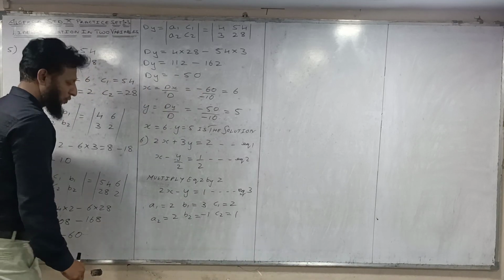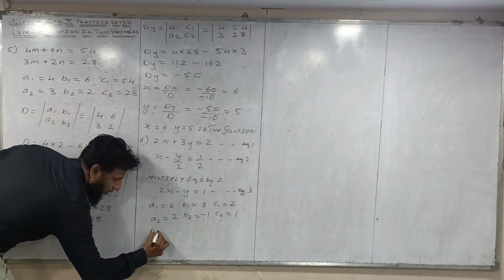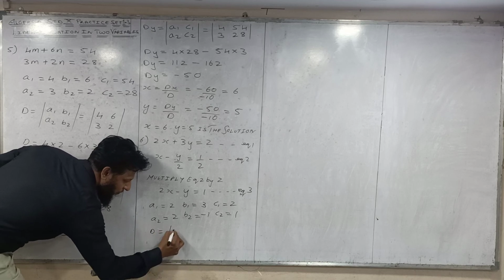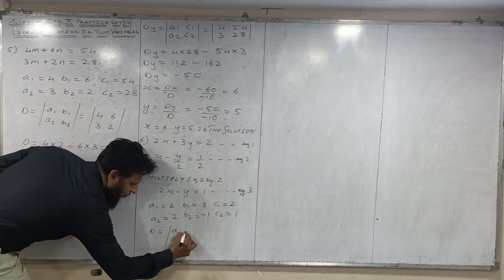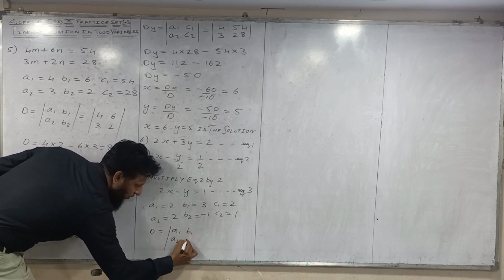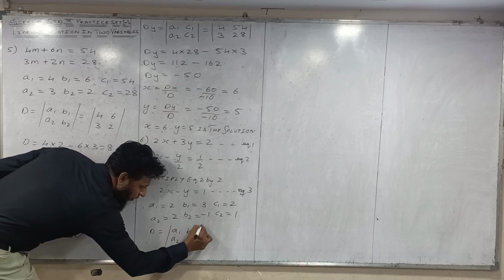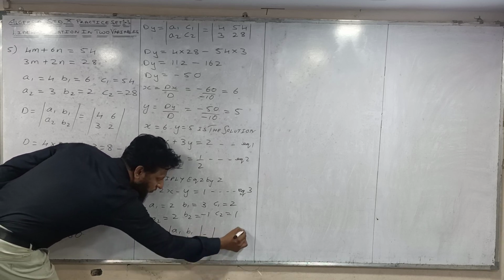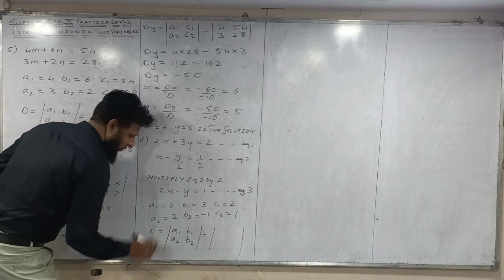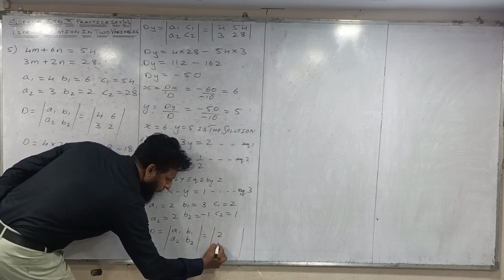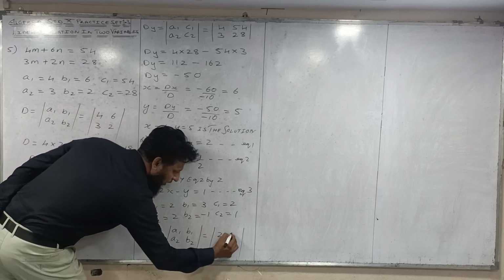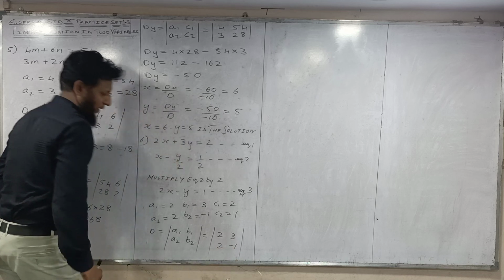Now you have to find out the d. D is equal to formula a1 a2 b1 b2, okay, is equal to a1 a2, 2 and 2, b1 b2, 3 and minus 1.